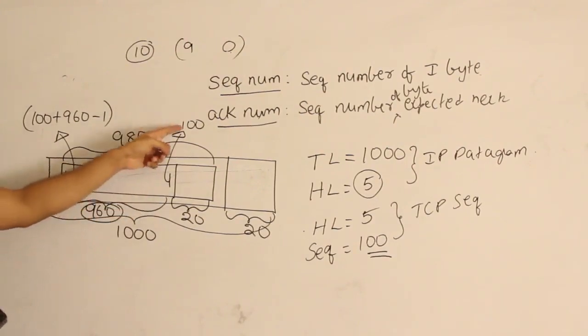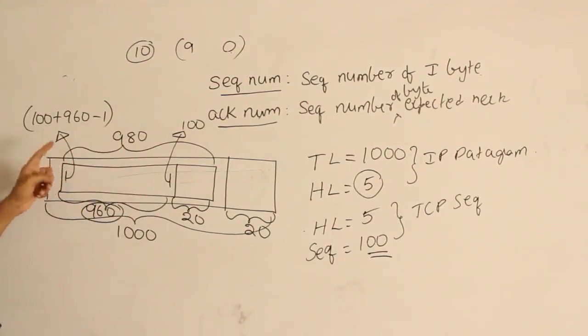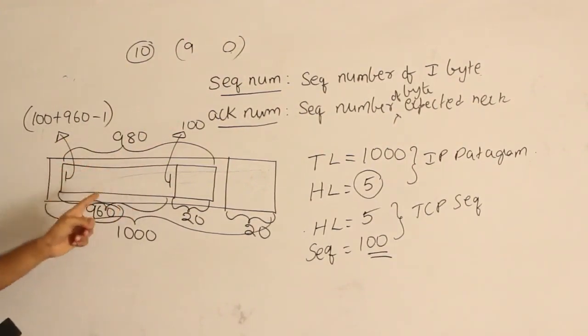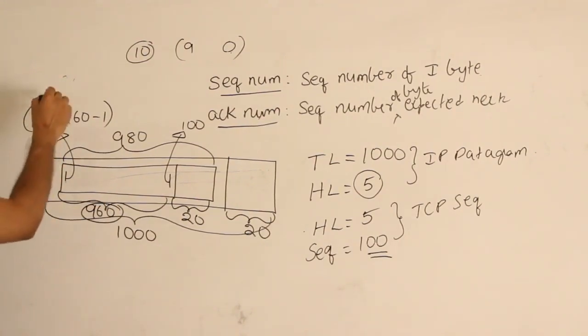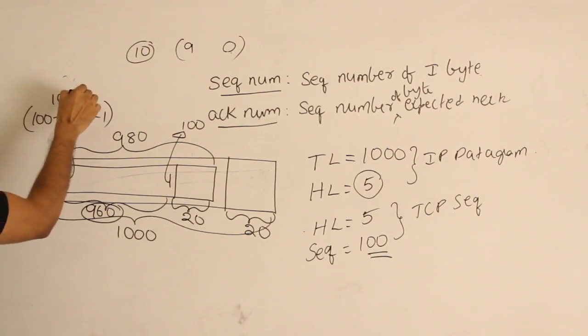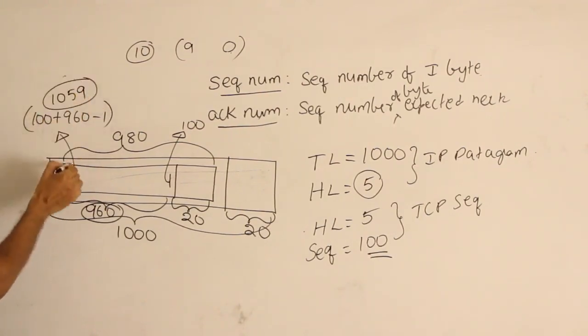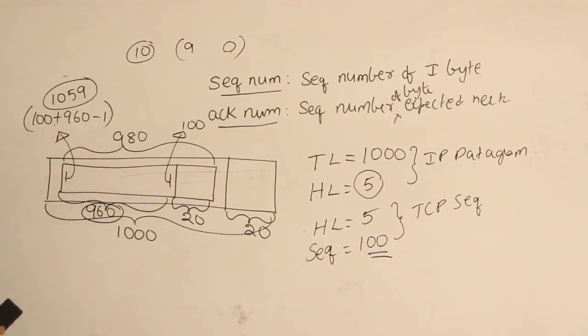The first byte sequence number is 100. In order to find the last byte sequence number, the total number of bytes is 960. Therefore 100 plus 960 minus 1. Then how much is that? It is 1059. So 1059 is the sequence number of the last byte. Then what is the acknowledgement for this segment?